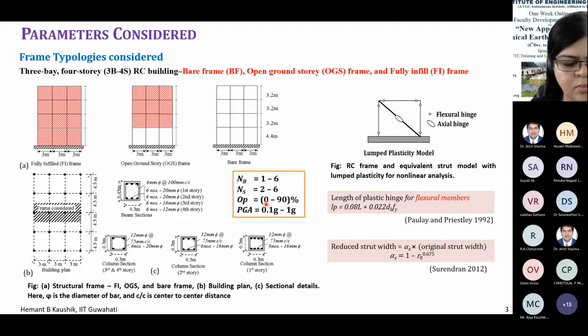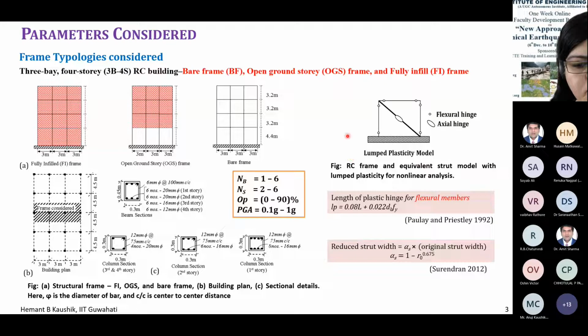So 0% opening means it is perfectly solid, no opening at all. 90% means it is more or less fully open. So this is the variation in the opening percentage. And the peak ground acceleration variation I'm considering is from 0.1 g, which is very low, to 1 g, which is very high. So these are the variations I'll be considering in all these studies.